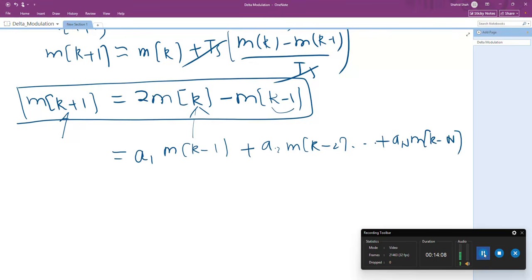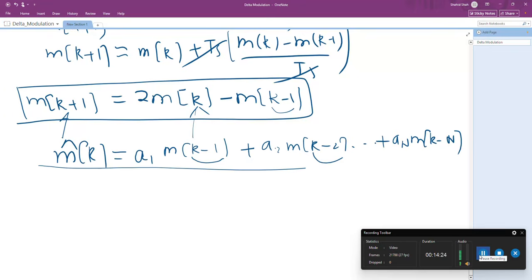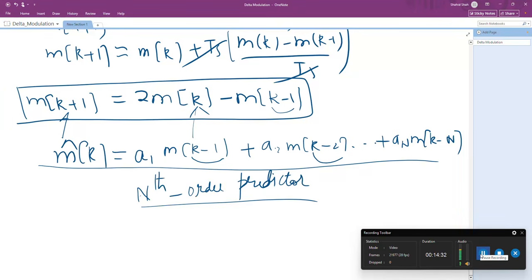So you are basically taking samples of the message signal at k minus 1, k minus 2 and k minus n. This will be a crude prediction of the kth sample, which we represent by m hat of k. The system which does this is called an nth order predictor. It is basically a filter.